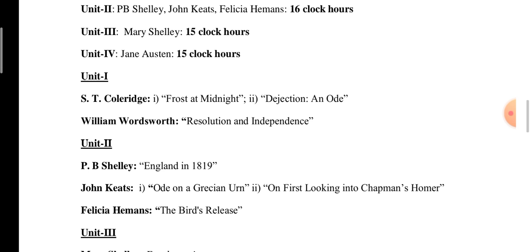Unit number 2 has P.B. Shelley's England in 1819, John Keats's Ode on a Grecian Urn and On First Looking into Chapman's Homer, and Felicia Hemans's The Bird's Release.